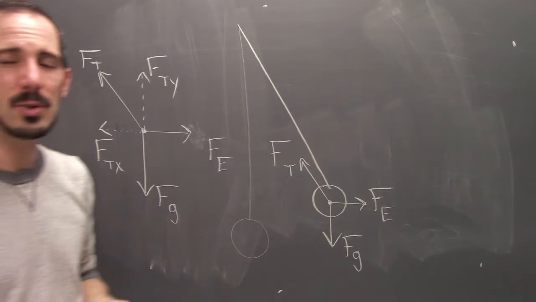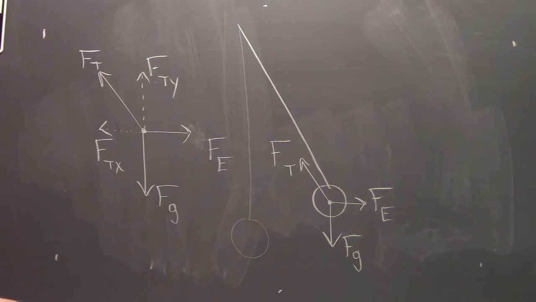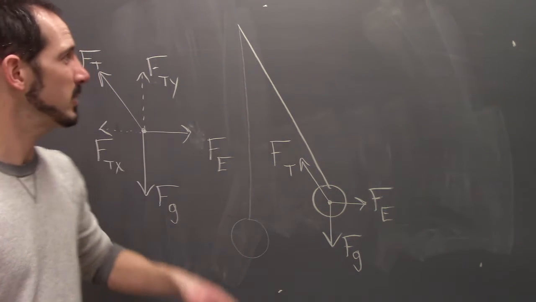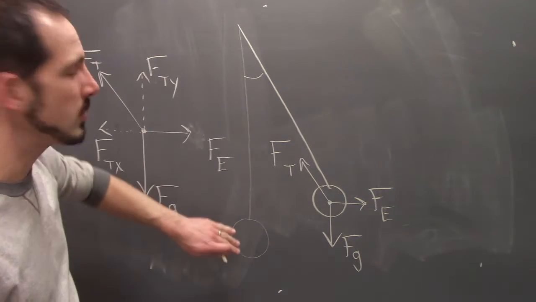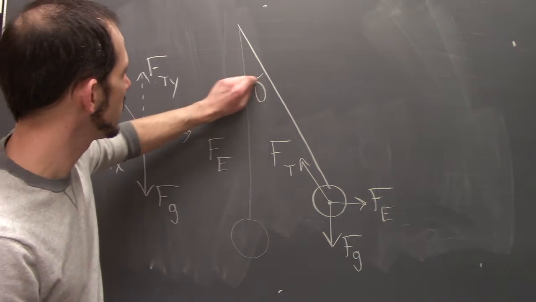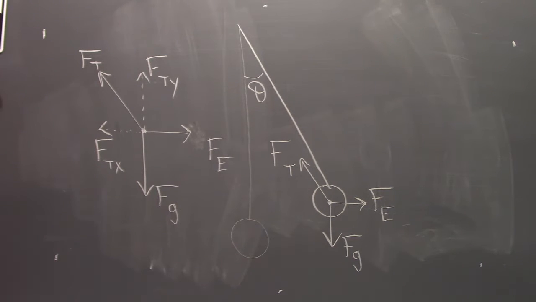Now, if we want to determine sines and cosines for FTY and FTX, we have to see, well, what is the angle that we're measuring? And typically in this experiment, we would look at this angle here that we swing from 0 degrees when it's hanging straight up and down. We would often refer to this angle that it swings outward. So in this triangle here, we can see this is our angle theta.